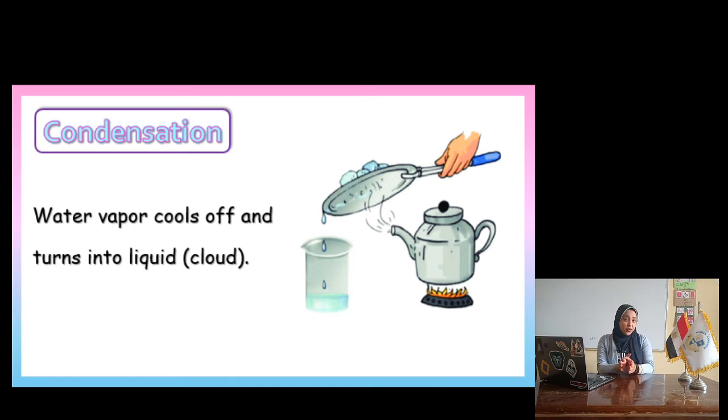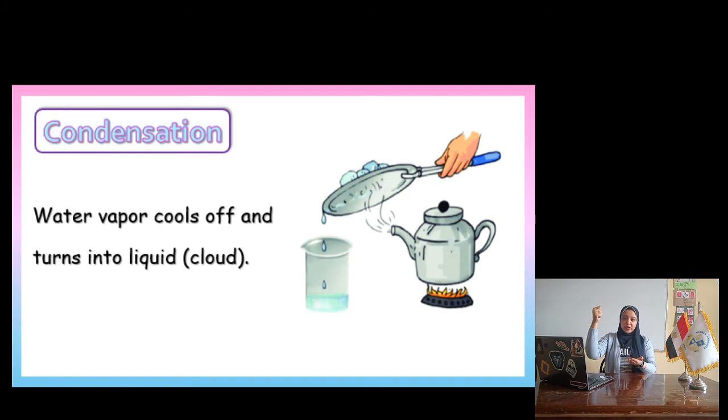The next word is condensation. What's meant by condensation? Condensation means when the water vapor turns into a liquid one more time. It's the opposite of evaporation, okay? For example, you're still boiling water, okay, and you cover the pot.